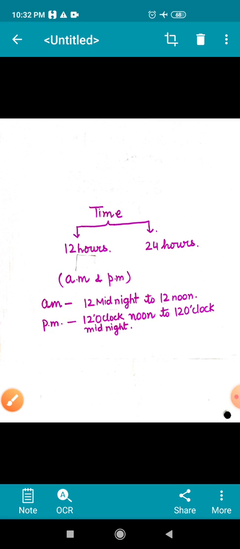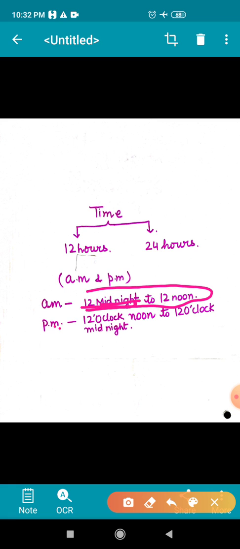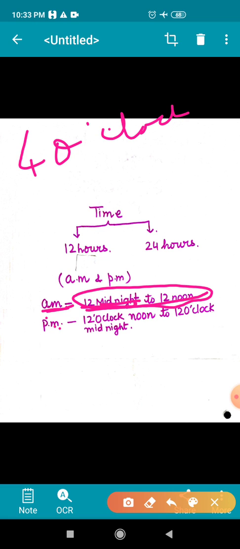Children, the time after 12 midnight is represented in AM, or you can say the time between 12 midnight to 12 noon is represented in AM. For example, if you get up early in the morning at 4 o'clock, this time will be 4 AM.